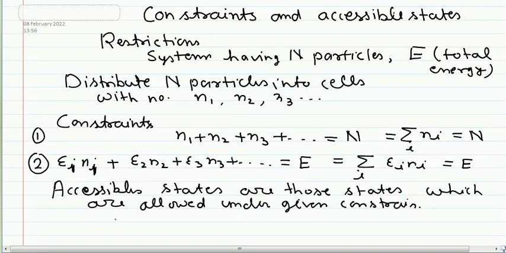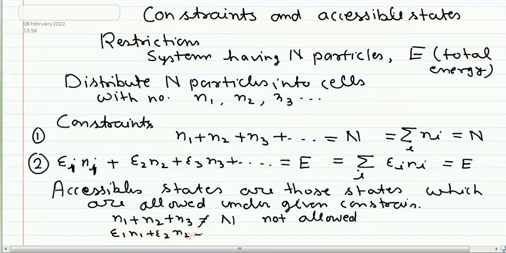Suppose we distribute the particles such that n1 plus n2 plus n3 is not equal to capital N. So such type of distribution or such type of state is not possible. So this is not allowed. Or if we have the energy such that e1 n1 plus e2 n2 plus e3 n3 is not equal to capital E, and if this is more than E or less than E, then such a state is also not allowed.